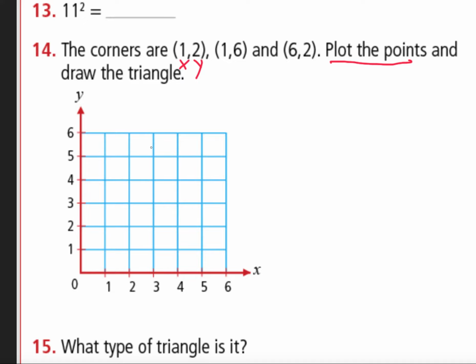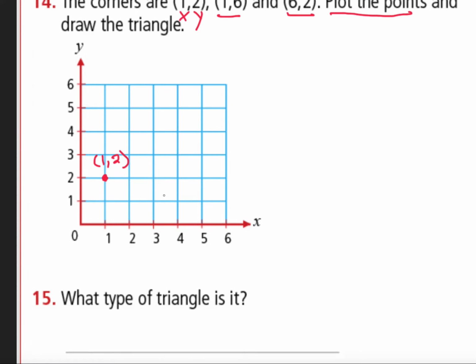So for x, I'm going to go on the x-axis here, I'm going to go over to 1. And then for the 2 here for the y, I've gone over to 1 now, I'm going to go up 1, 2 to y, and that is my first point. This point here is (1, 2). Now they're asking you to find the other points and then join them together and you're going to get a triangle.